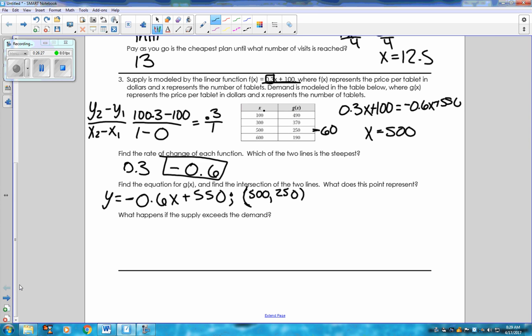What do y'all think would happen if the supply exceeds the demand? Yes. There would be extra.